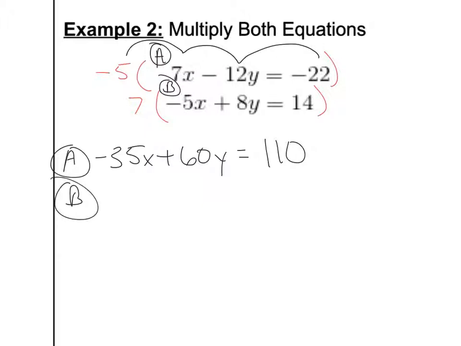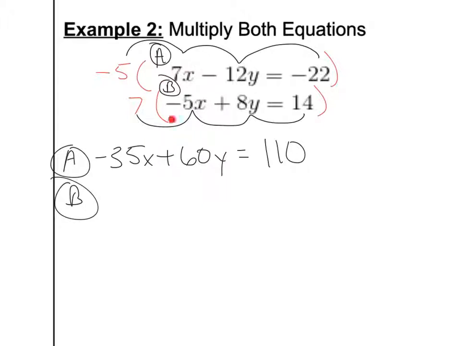Now we go to the B equation. We distribute again to everything, 1, 2, and 3. So we're going to get negative, hold on a second, what did I do wrong here, guys? Oh, whoopsie daisy. Here's where I screwed up.